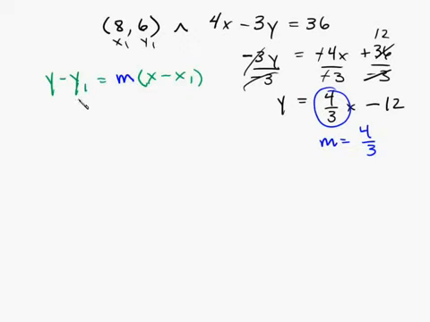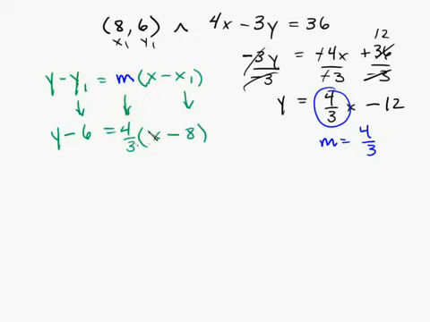Okay, so what we're going to do is put a number into here, put a number into here, and put a number into here. So bring down my y, my minus sign, and my y1 is 6. It's going to equal my m, which is 4/3, times the quantity x, bring down the minus sign, and x1 is going to be 8.